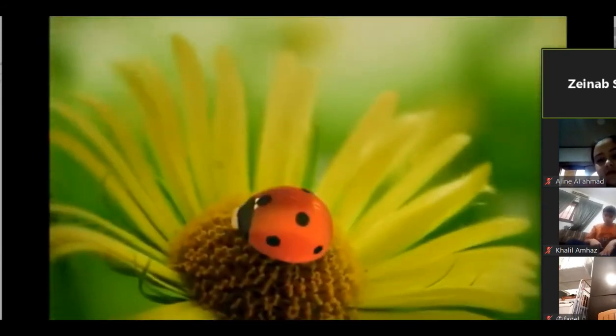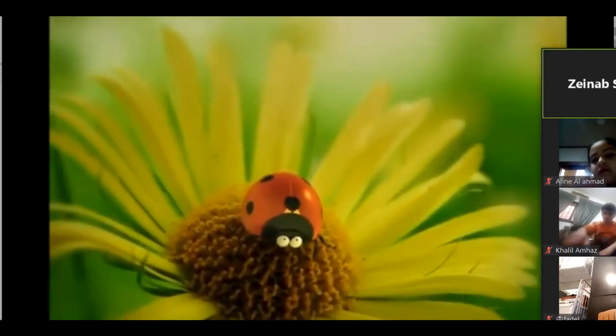The ladybird, of course, is an insect with two wings.